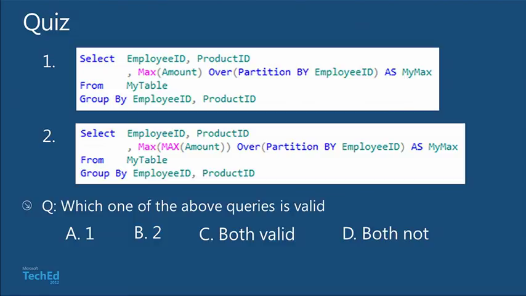Which is valid? Who said A? Who said B? B. Or both? C. Okay, fair enough. Who said B?